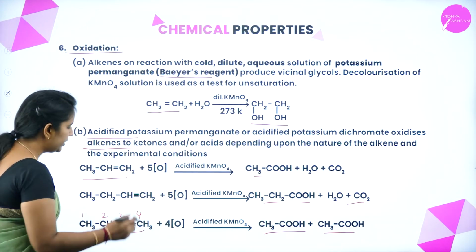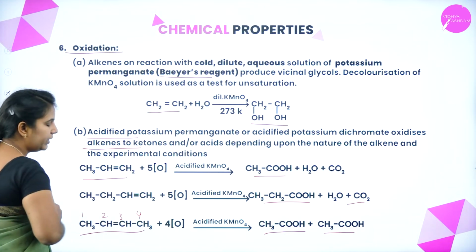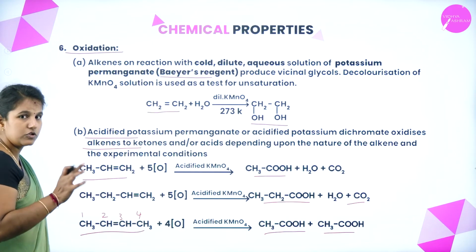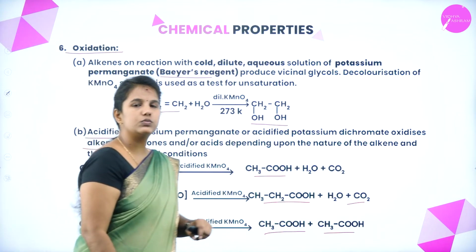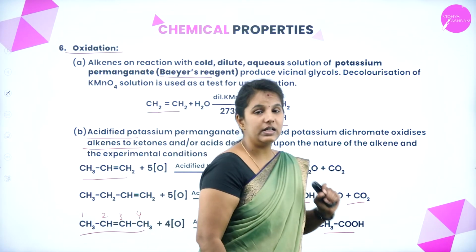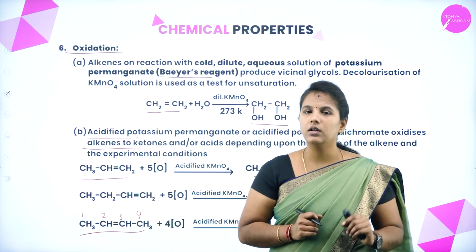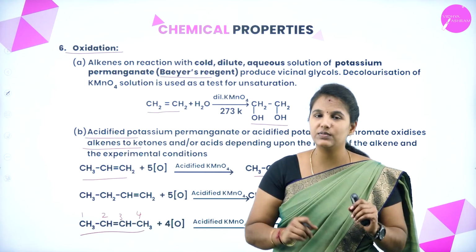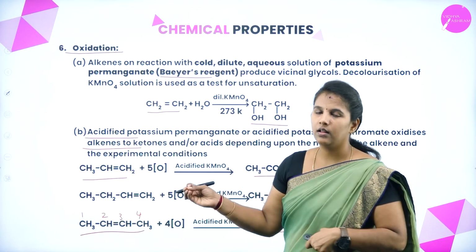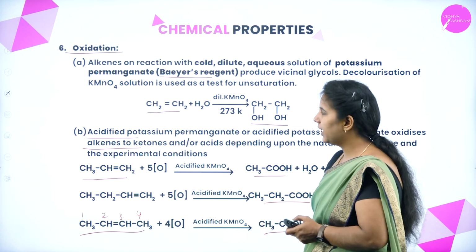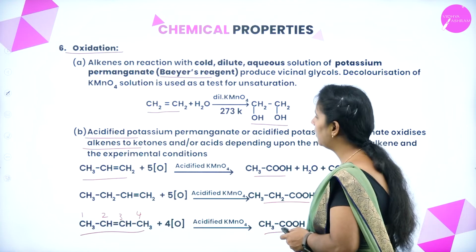Remember, just by changing the position of the double bond between the two carbon atoms, the nature of the product which is formed also gets different. This is how the alkene reacts with acidified potassium permanganate and gives rise to carboxylic acids. That is, acids will be formed.